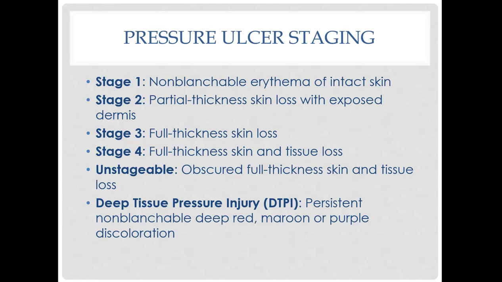And then stage 4 is full thickness skin and tissue loss. At this point, you could see muscle, tendon, or bone. Unstageable is just when you can't see how much skin is lost because it's obscured usually by eschar, that really hard black necrotic tissue.